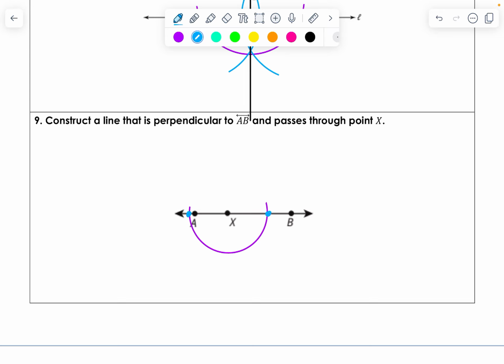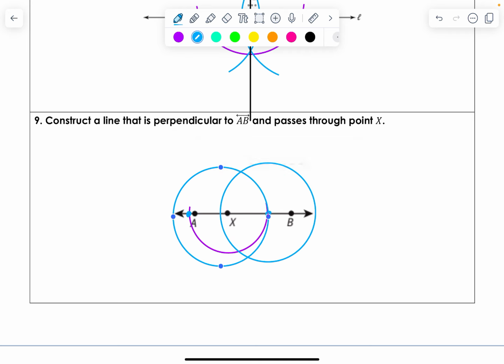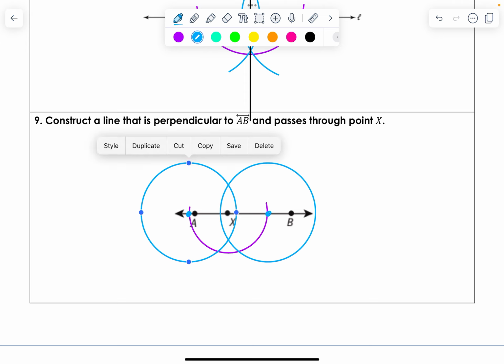Ignore the A and the B, we don't need the A and the B. And then we're gonna draw two circles, one for each intersection point and center it on the intersection point. I would like to go a little bit further than that though. Okay. Alrighty. Okay, and then just draw a line through the intersections here. The intersections of the circles, I mean.